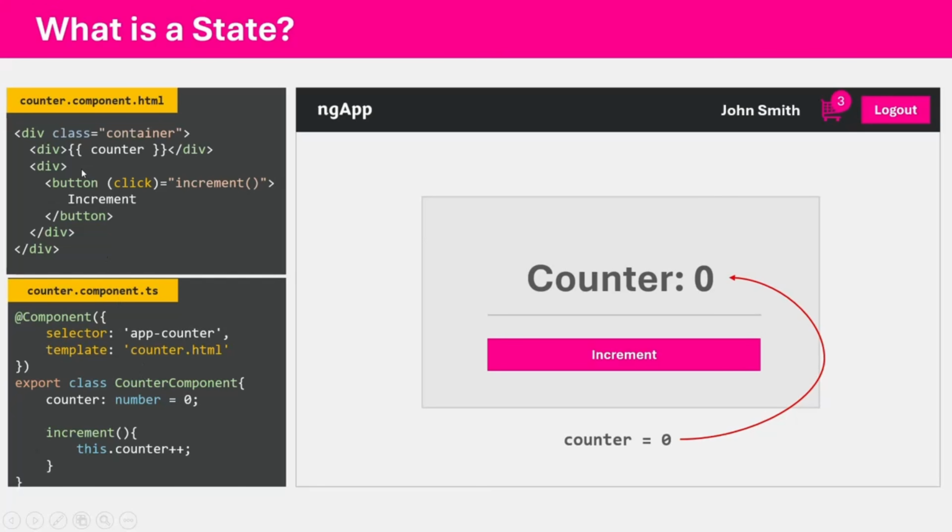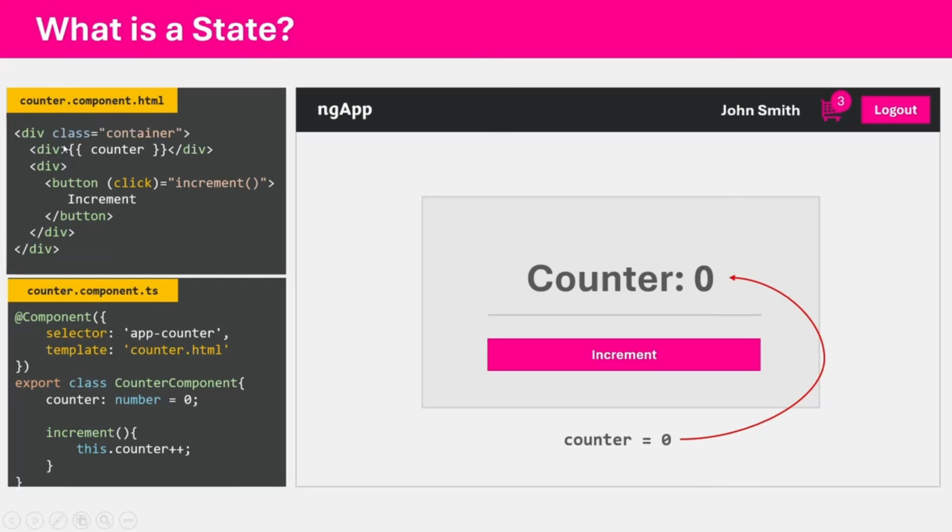And in my view, I also have a button, the increment button, and whenever this increment button is clicked, I'm calling this increment function. And if I go to the component class, in that increment function, I am incrementing the value of this counter property. And I'm also displaying the latest value of this counter property in the UI.